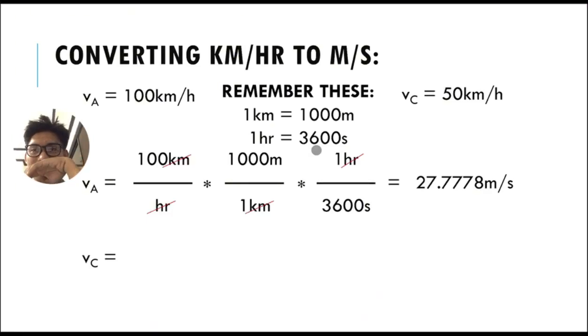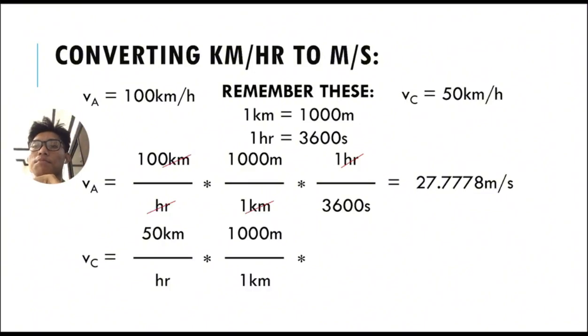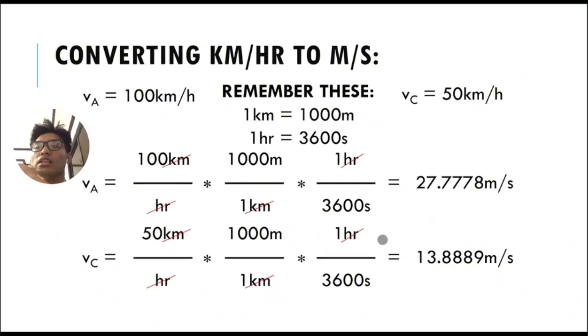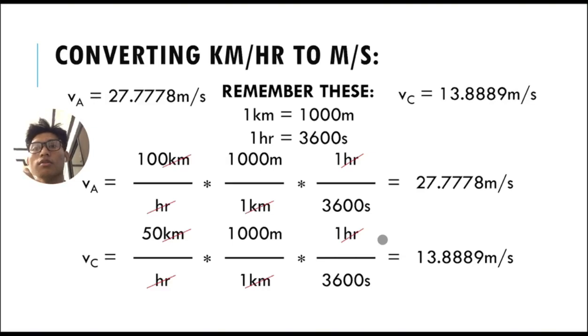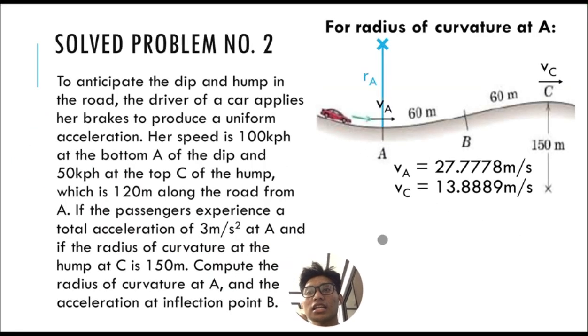For C, 50 kilometer per hour, same procedure, iba lang value, and we will get 13.8889 meter per second. Yan ang gagamitin natin from now on.